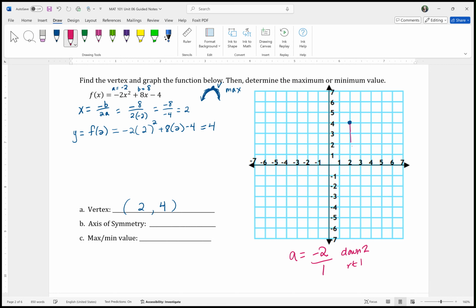Down 2, right 1. Let's put a point there. Okay, down helps us because this is turned down. And so this should be turned down. And you can kind of do the same thing down to left 1 to get on your paper the other side. And again, this should be a U shape. It's kind of hard to do when that number is pretty big.